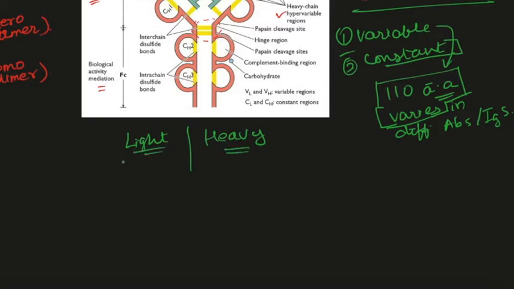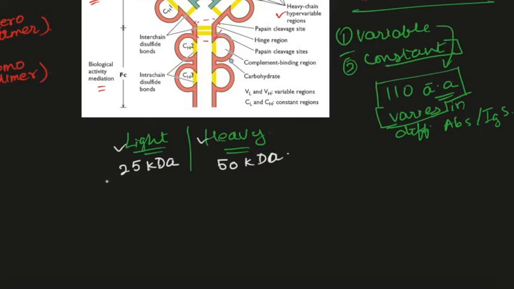The light chain is a type of assembly of amino acid groups present on the immunoglobulin, and its molecular weight is around 25 kilodalton, whereas the heavy chain is around 50 kilodalton. So that's why one region is light and the other region is heavy in nature.